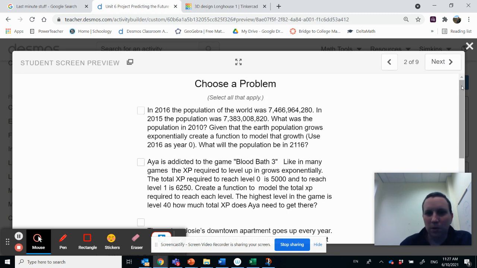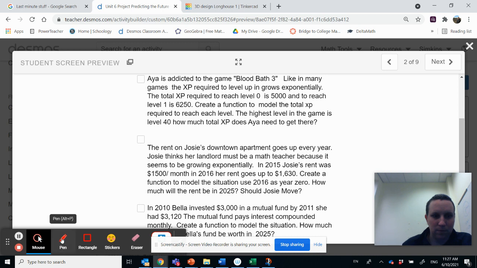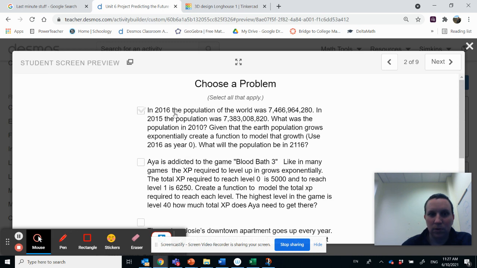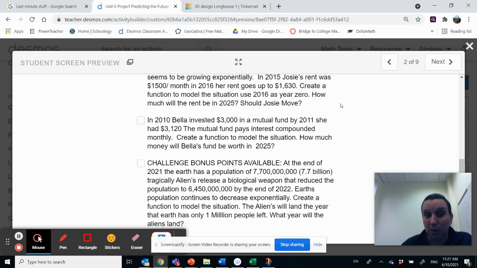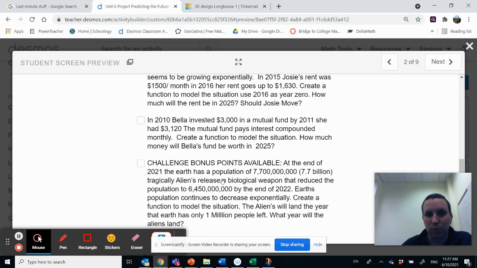Choose your word problem. The middle three, so the first and last are kind of hard. The one's about population because they've got really big numbers, but the middle three are a little more doable. So choose one of these middle three.